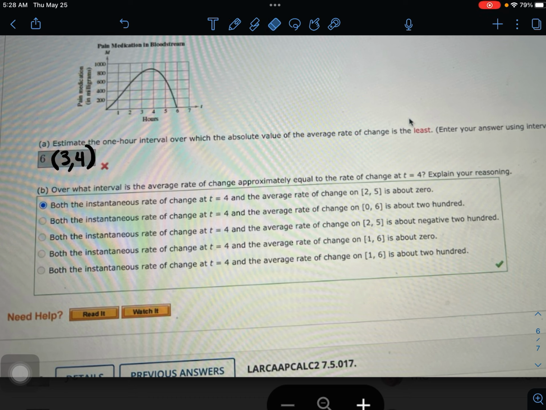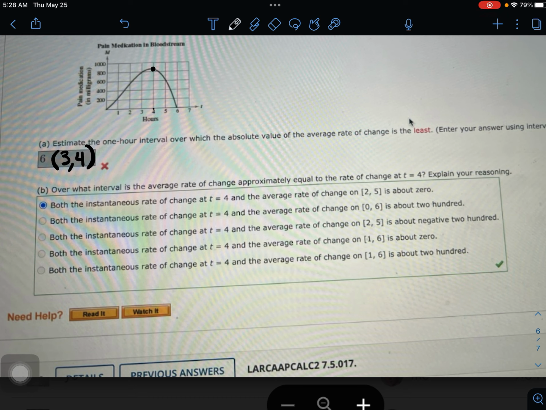Okay. Instantaneous rate of change is going to be your tangent slope. So right here it says the instantaneous rate of change at t equals 4. What I do is I go up from the 4 until I hit the graph right there.